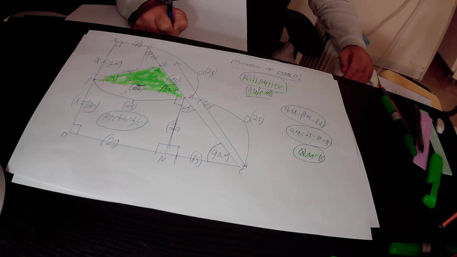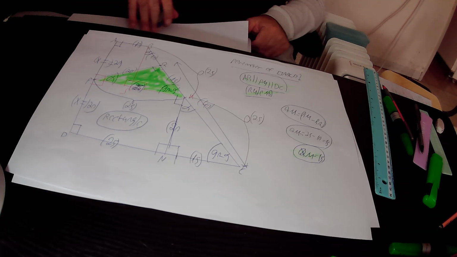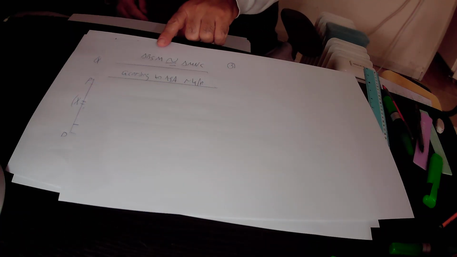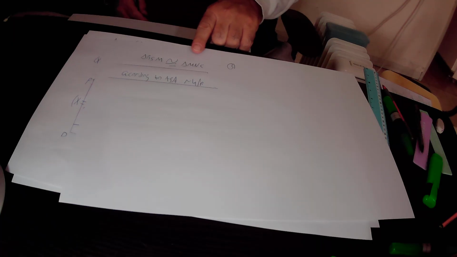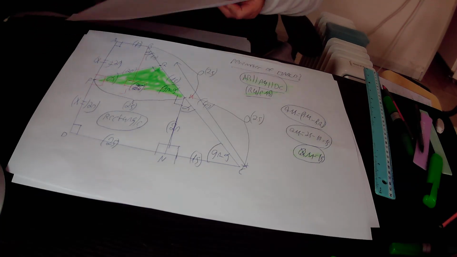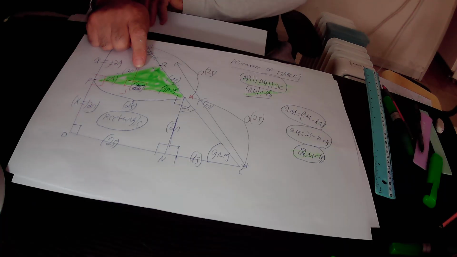And again, we found out that the upper right triangle BSM is congruent to the lower right triangle MNC according to the angle side angle rule.